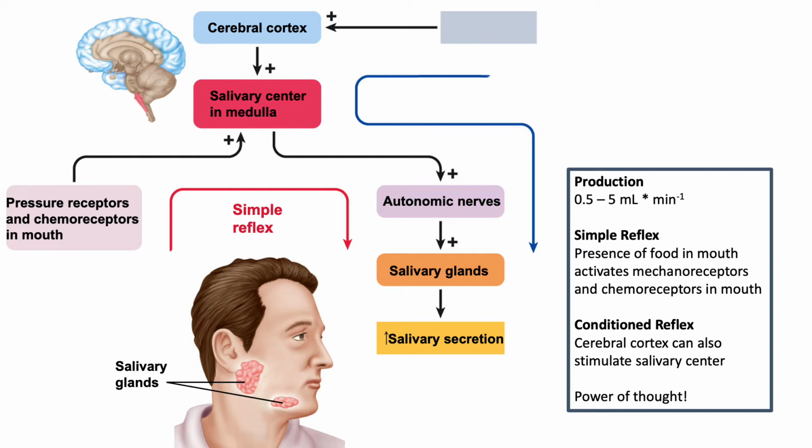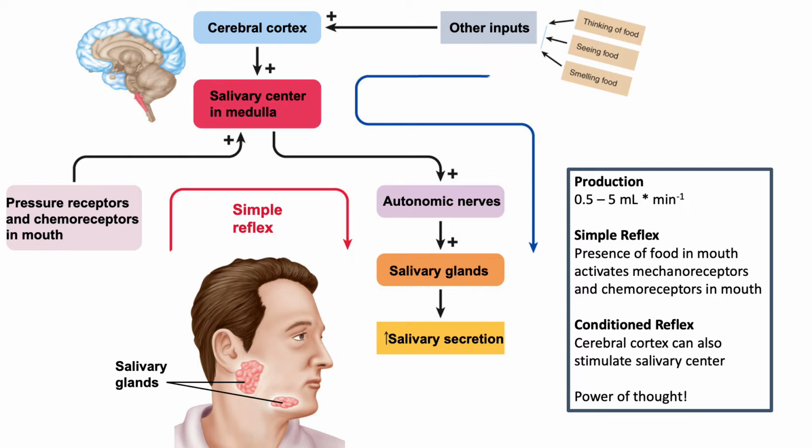With the conditioned salivary reflex, on the other hand, we're going to see that salivation can increase without oral stimulation. So we won't be activating those pressure receptors or chemoreceptors in the mouth. In fact, just thinking about food, seeing food, or smelling food as it's being made is enough to increase salivation. So this reflex, though, is a learned response.